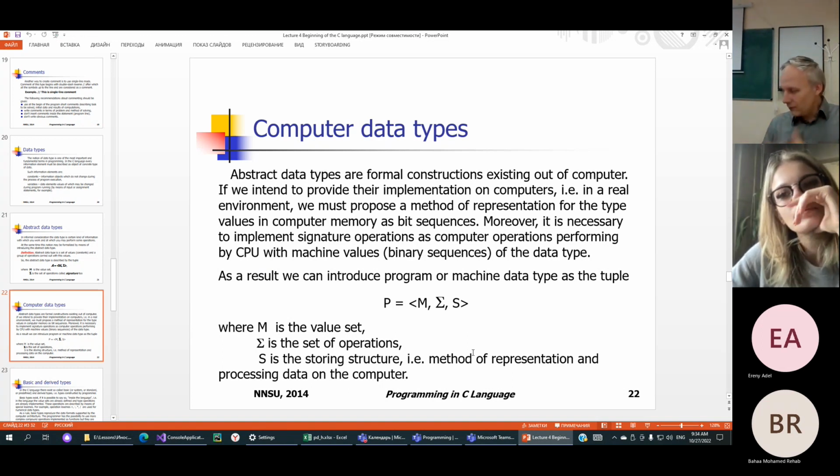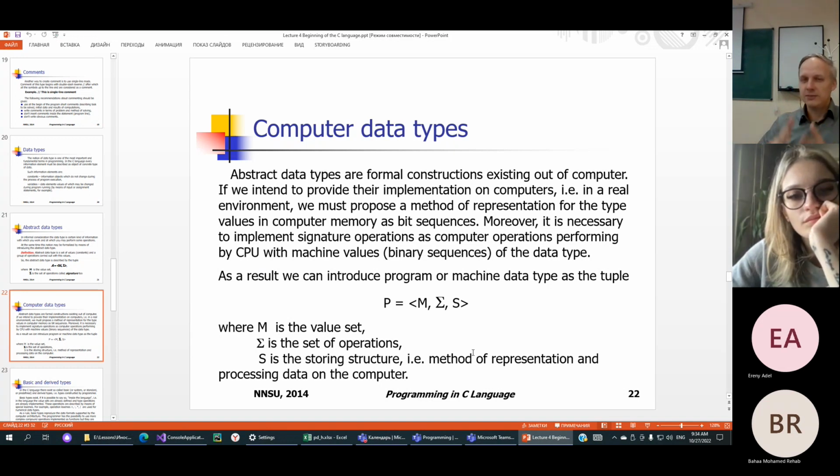When we discuss a data type that is implemented in computer on some real machine, we should propose a method for representation of the values in computer memory.